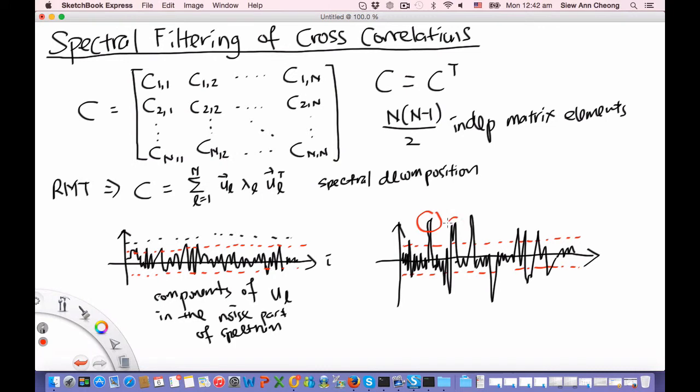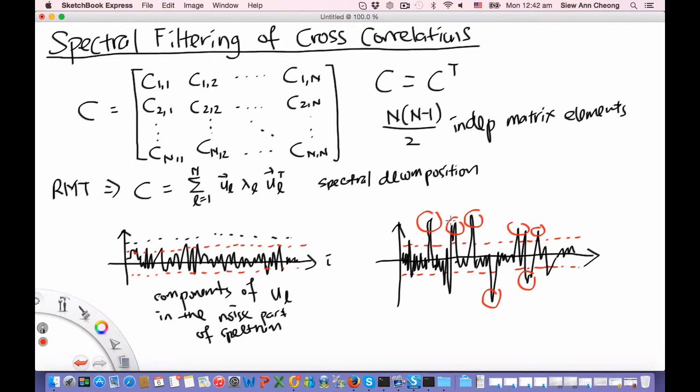These components are the ones that will allow us to reconstruct the correlation matrix so as to pick out those components, those stocks that are important in the market.